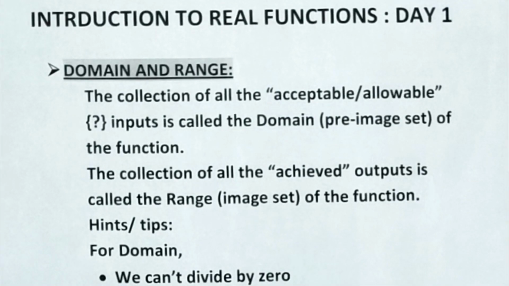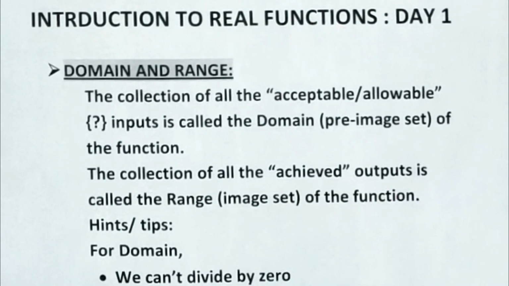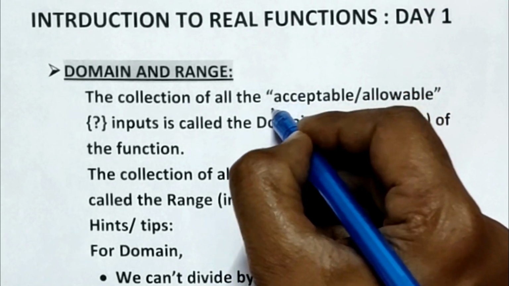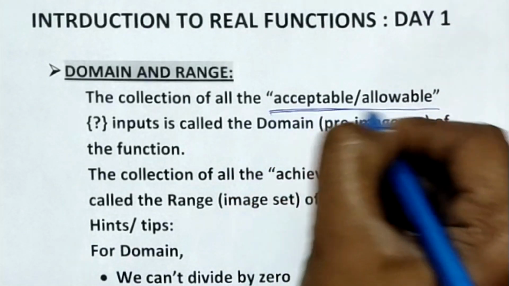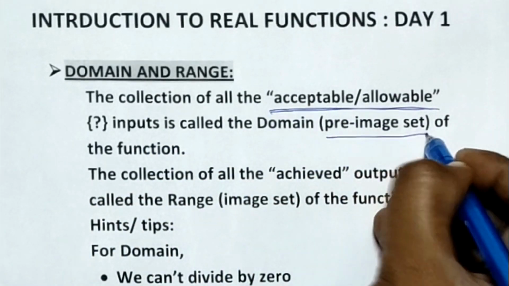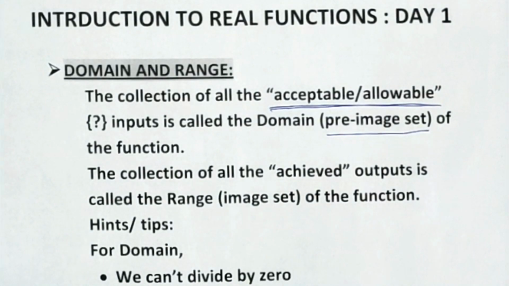Our next section is domain and range of a function. As I have already discussed domain and range for the relation, if you have learned very carefully and watched the video very carefully, then you can easily understand what is domain and what is range. The collection of all the acceptable or allowable inputs is called the domain or preimage set of the function.